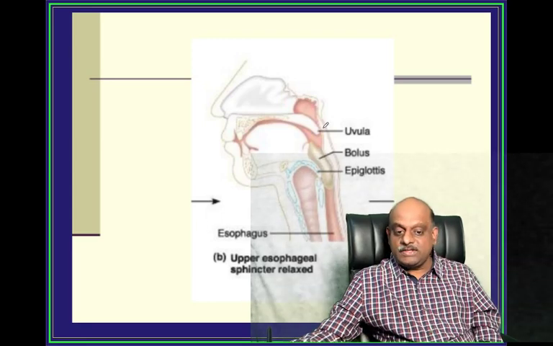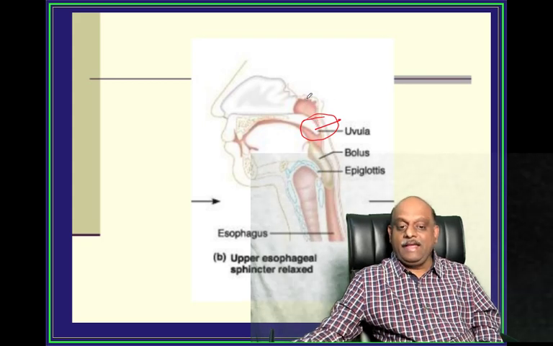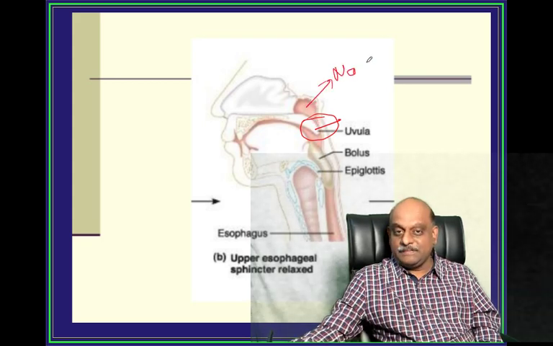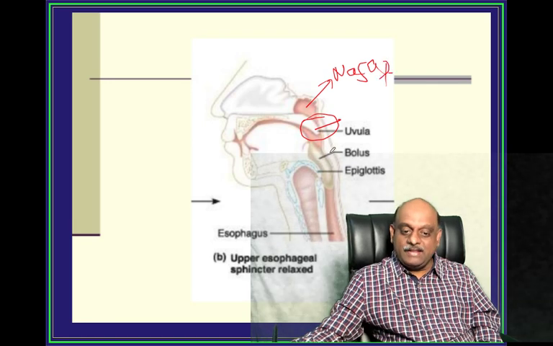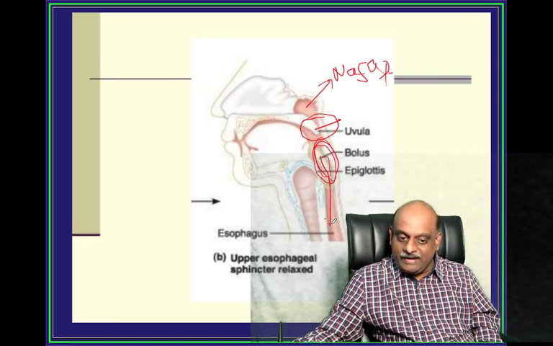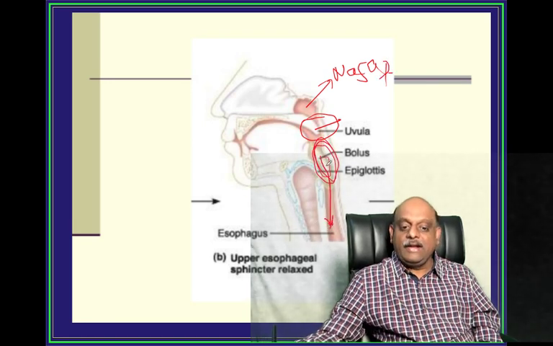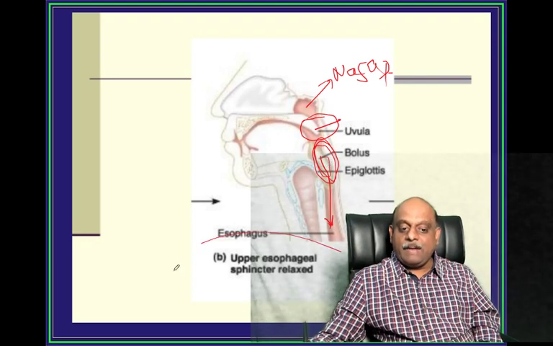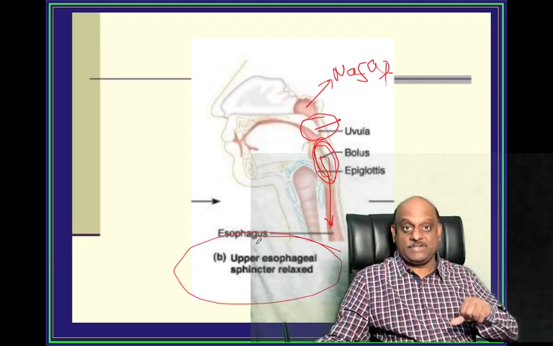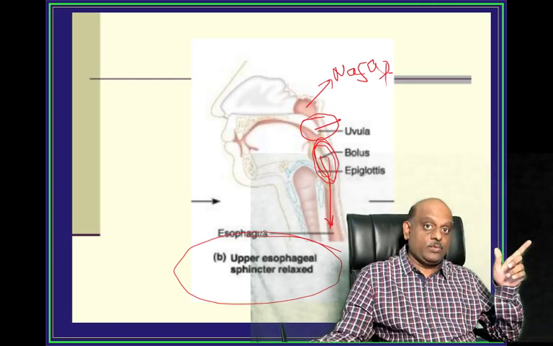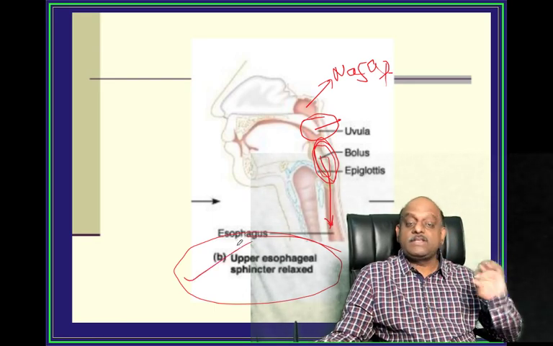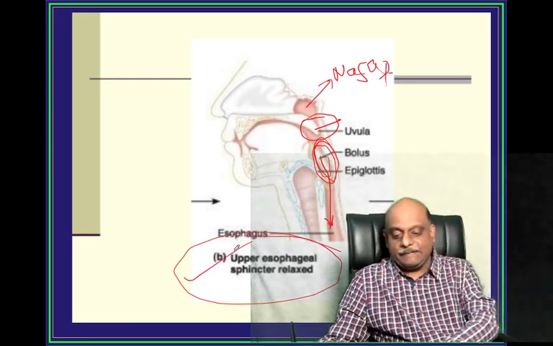So this is it, the uvula has already sealed the nasopharynx, right? And the bolus of the food is traveling into the esophagus, and the upper esophageal sphincter is relaxed, unlike in the first phase, the oral phase, where the upper esophageal sphincter is contracted.